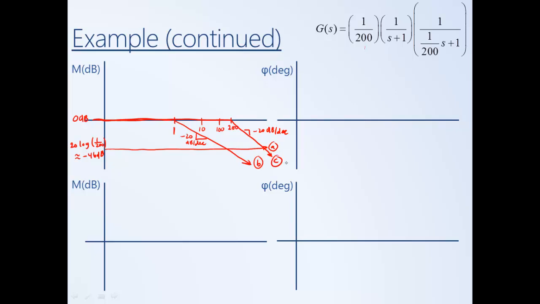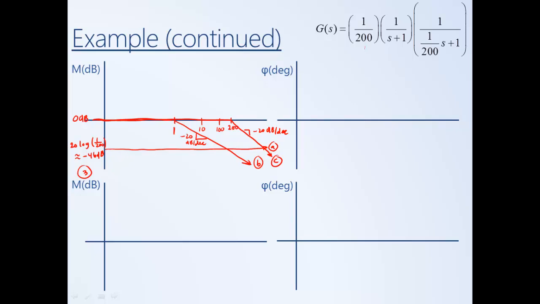The third step in this procedure, once we've drawn the magnitude plots of the 3 individual components, is to sum the Bode diagrams. At low frequencies, we have 2 components that are flat at 0 dBs and a third component that's flat at -46 dBs.